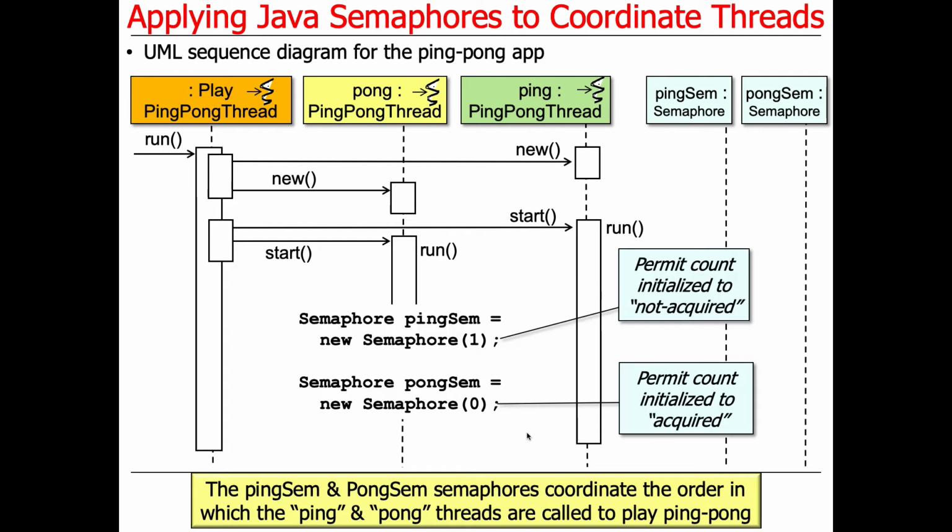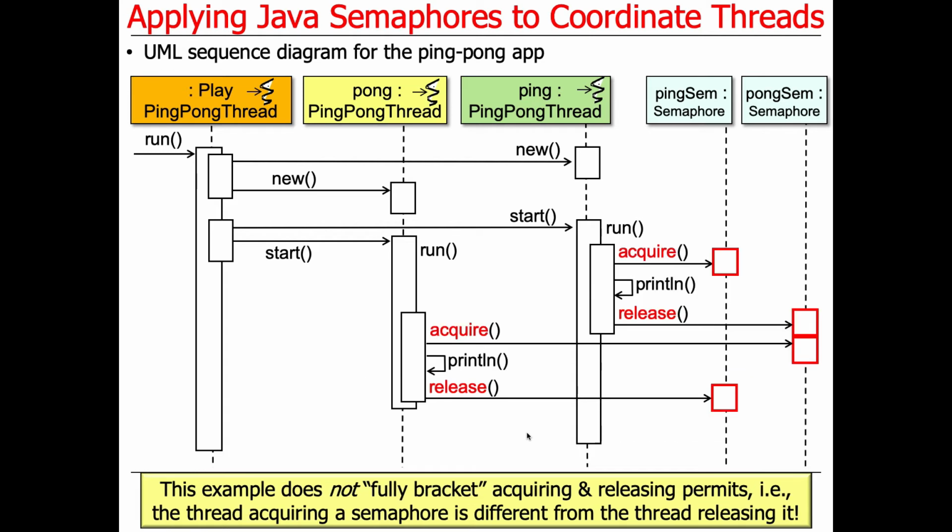As you saw before, we started with the ping semaphore available and the pong semaphore not available, or acquired. So if both threads start up at the same time, which they will, only the ping thread can go first, because the ping semaphore has a count of 1, whereas the pong semaphore has a count of 0. So this guy will block right off the bat, whereas this guy will acquire, print, and release.